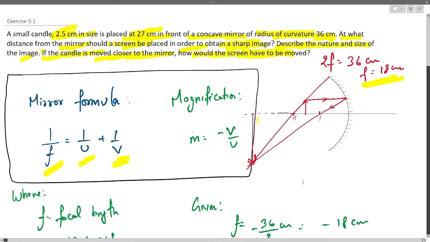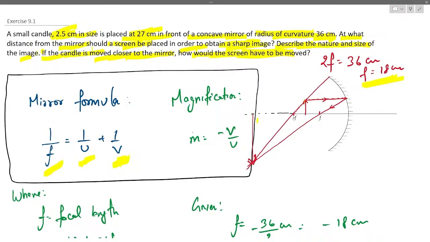We can also see this from the ray diagram over here. At first we take the ray parallel to the principal axis, which is reflected passing through the focus, and the second ray is taken passing through the center of curvature. It will retrace the incident ray, and since two rays must meet to form an image, the image will form over here with v equals minus 54 centimeter.